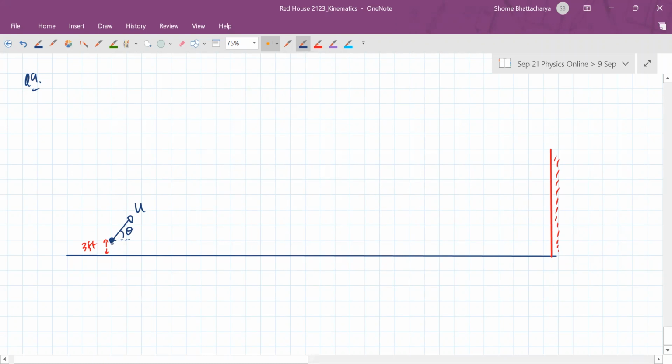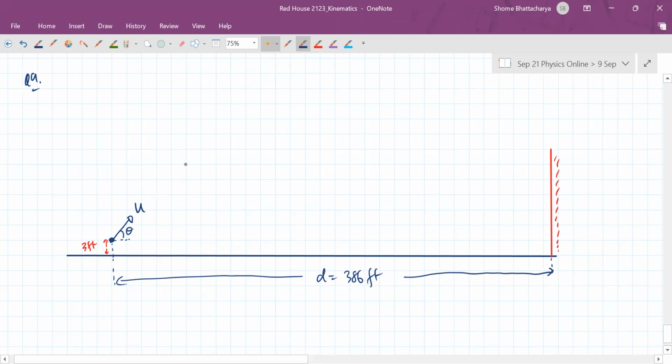So the distance from the projection point to the wall is given to us as, I think that's 138 feet, right? Sorry, 386 feet. Also, we have to do the calculation in the FPS system, foot pound second, so in this case, feet.